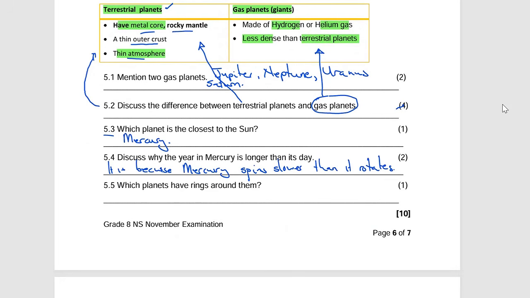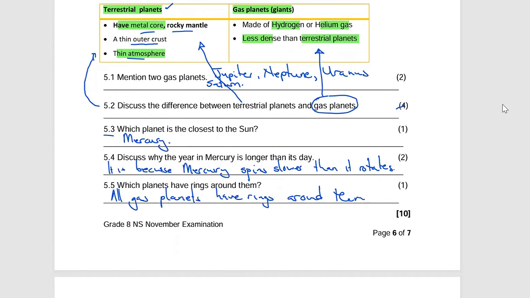Then 5.5 says which planets have rings around them, right? So now which planets have got rings around them? I'm going to say all gas planets. All gas planets have rings around them, right?